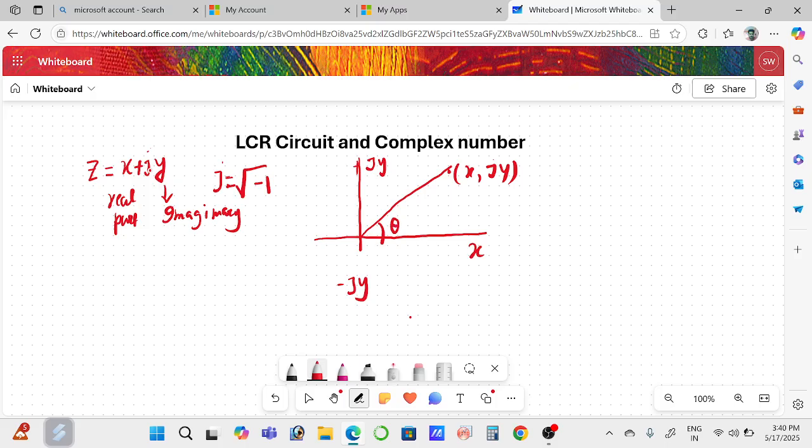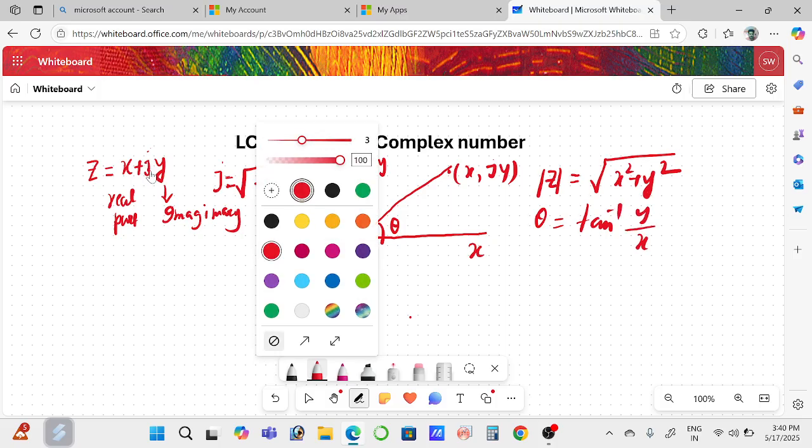The amplitude of the complex number is given by mod z, which is equal to the square root of x squared plus y squared, and the angle theta is given by tan inverse of y by x. So these are the things.